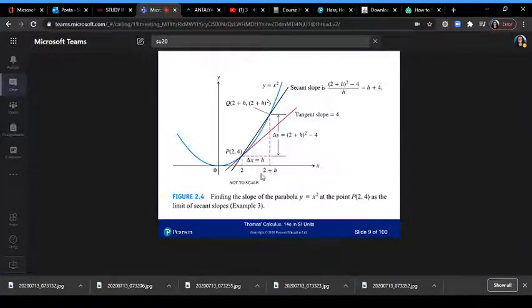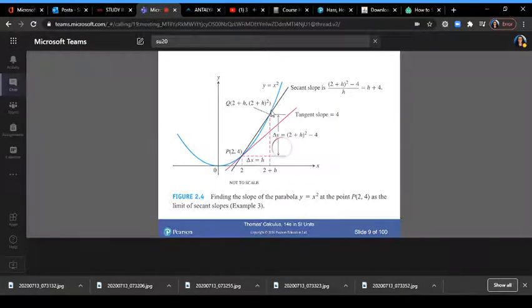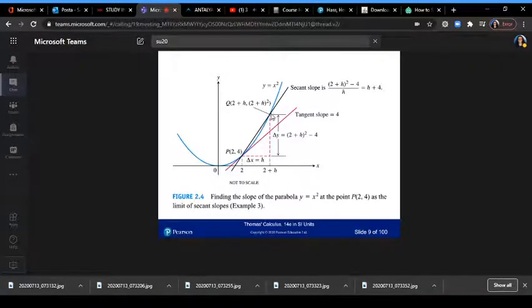Fix Q at the point 2 plus h. It's just the distance, delta x is equal to h. It's just an interval of h. And then you find the value of this point Q at 2 plus h.